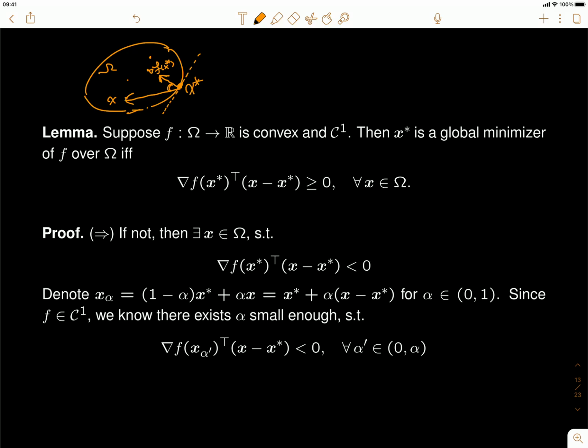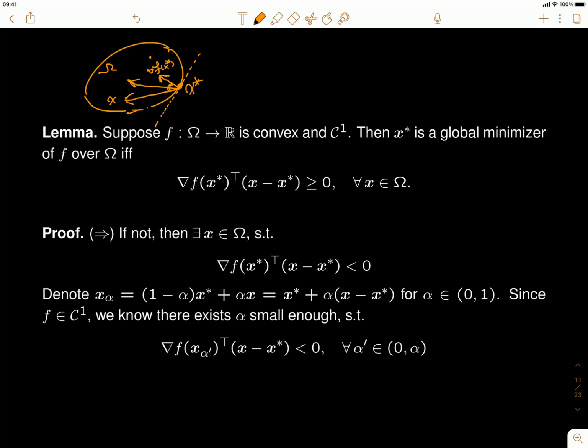Okay, so you can see that if you draw the vector from any other points, that angle is less than 90 degrees because this is a convex set. So when I draw this line, the whole convex set will be on one side.